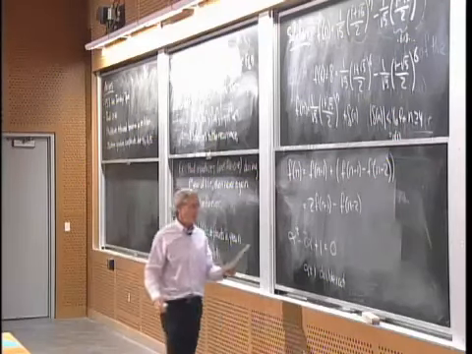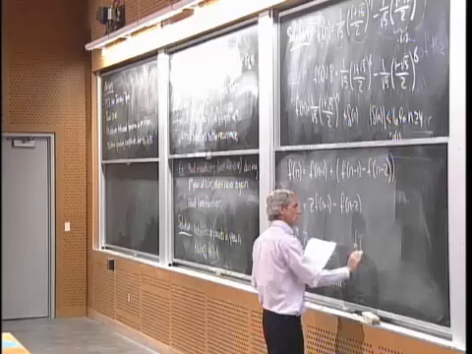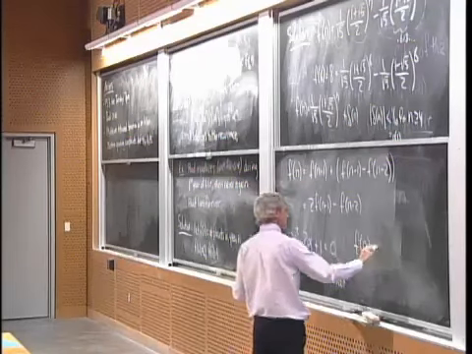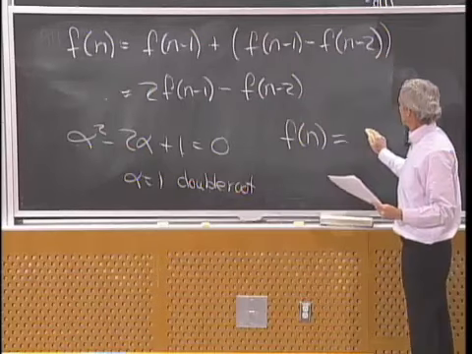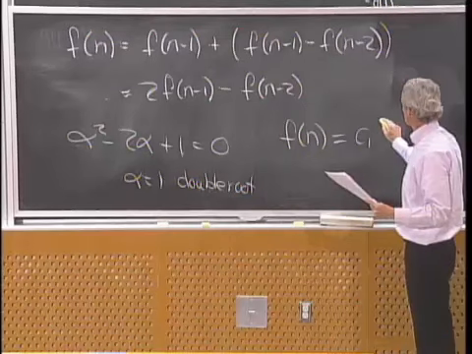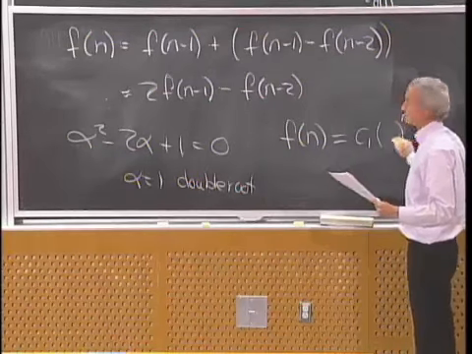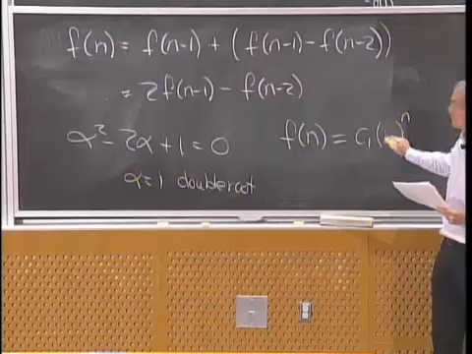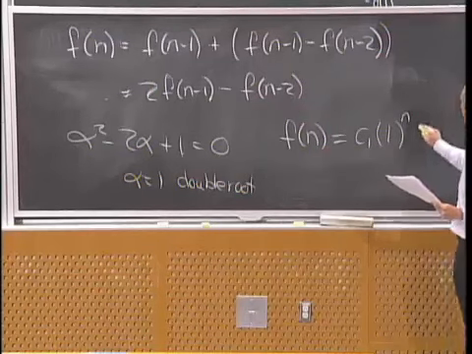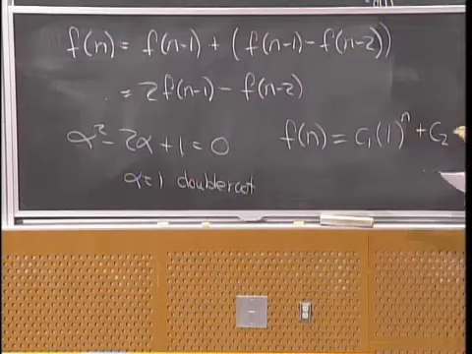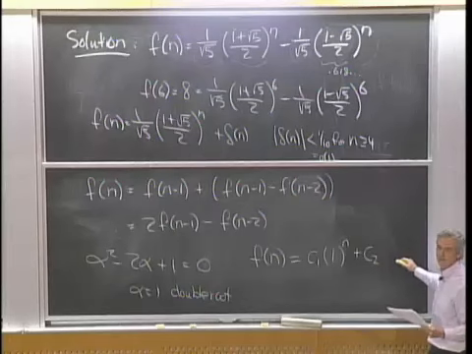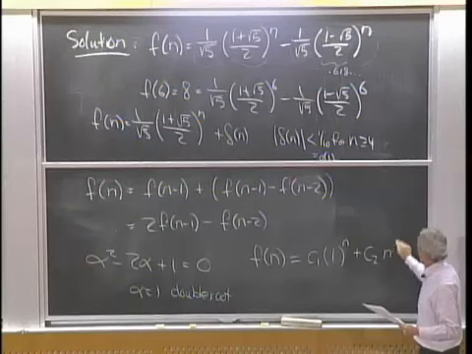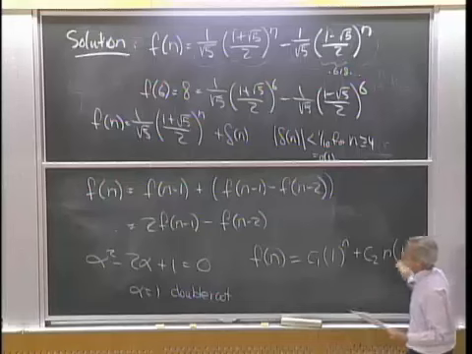What's f of n going to be now, before I put in the boundary conditions? Well, it's going to be c1 times what to the n? 1. That's the first root. What's the next thing I'm going to put here? n times 1 to the n, right?